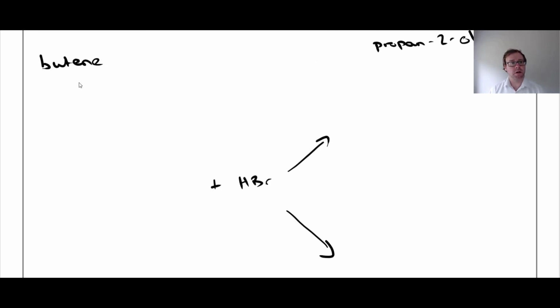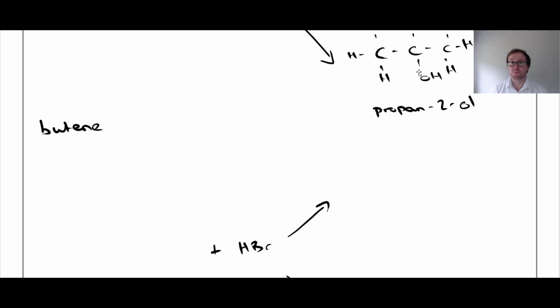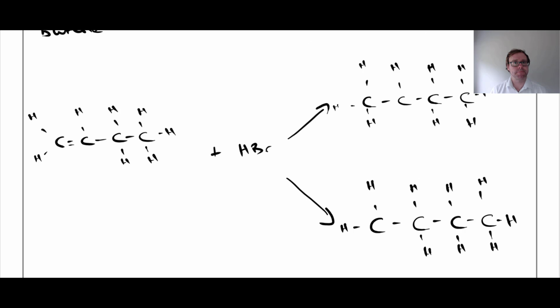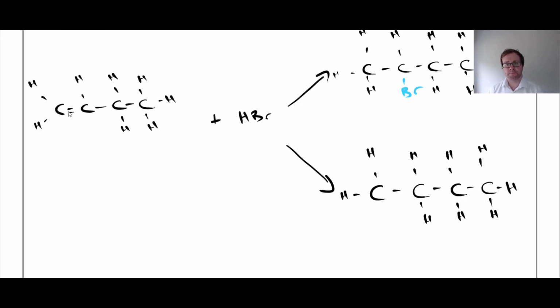Okay, I would like you to have a go at doing this on your own for butene. So adding HBr to butene and see if you can work out what the two products will be. Okay, I'm sure you've managed to do this. So this is my butene. I'm adding HBr, so I could add the bromine here, or I could add the bromine atom here. So this would be 2-bromobutane.